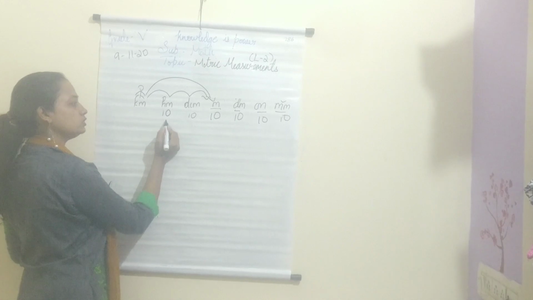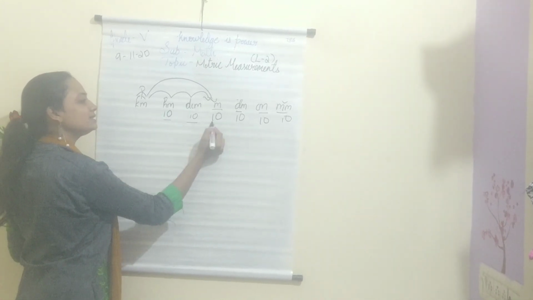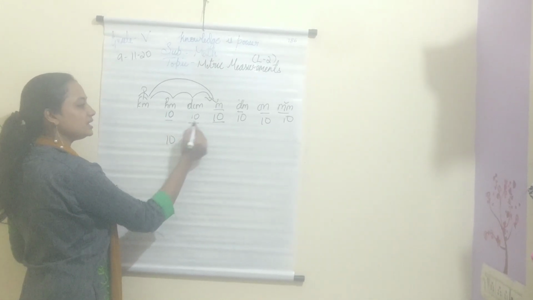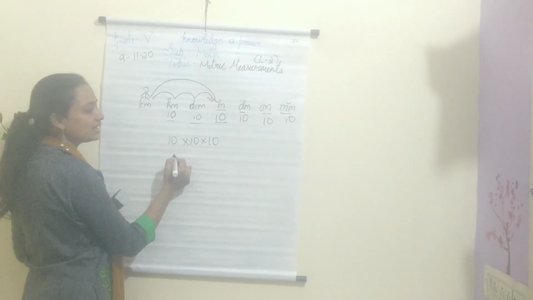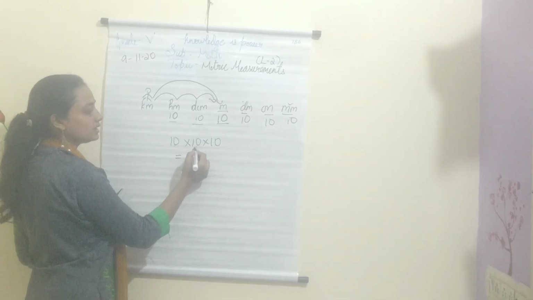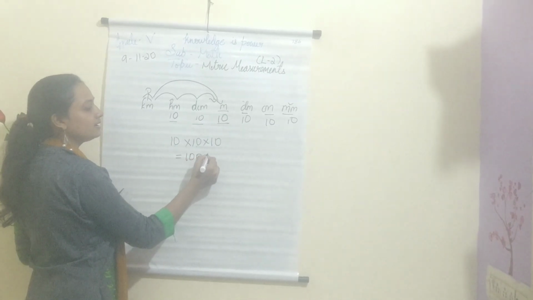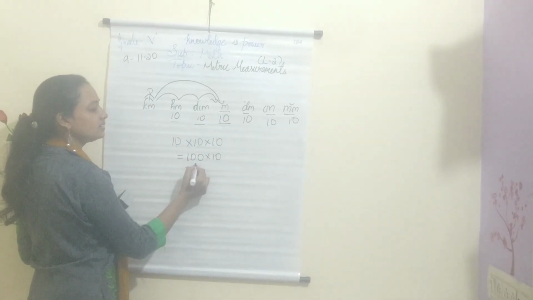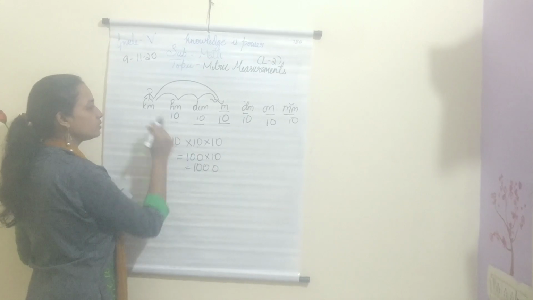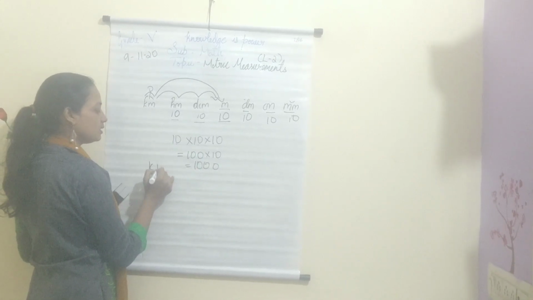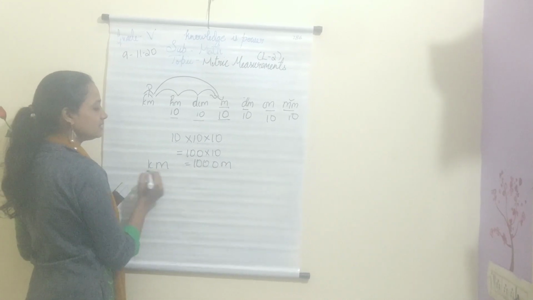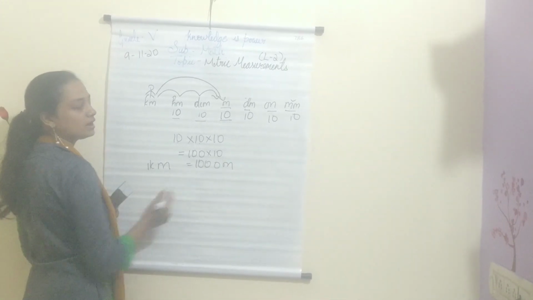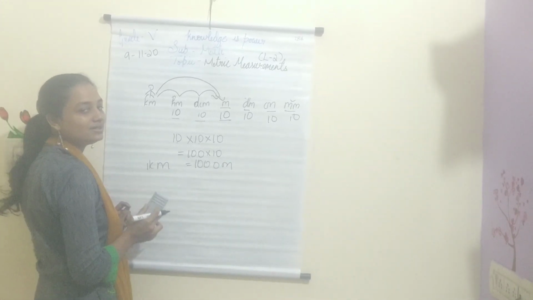So I should multiply these 10s. 3 tens, 10 into 10 into 10. 10 into 10 is 100. 100 into 10 is 1000. So when I jump from kilometers to meters, the difference is 1 kilometer to 1000 meters. This is how you have this relationship.